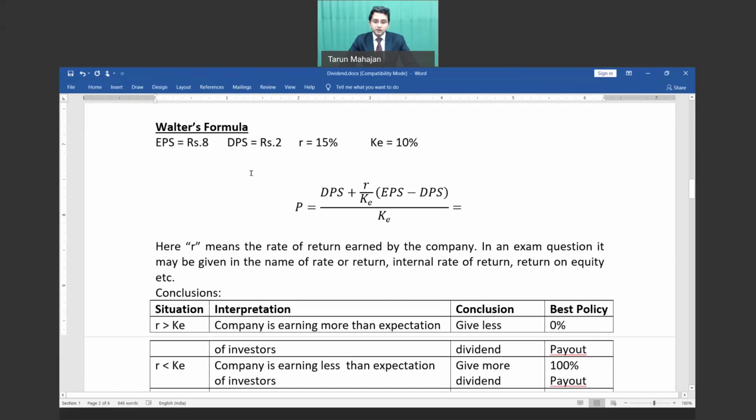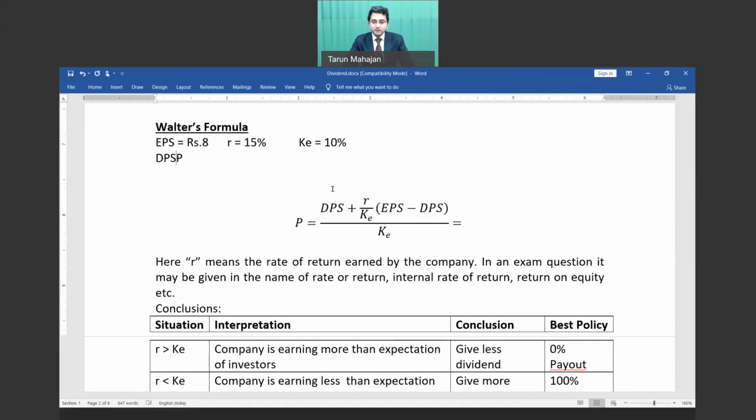Now let's calculate what will be P in this situation. I will set up one table where I'll be putting two figures. If DPS is this, then how much is P? If I decide to give 2 rupees DPS, then what will be P? If I decide to give 6 rupees, then what will be P? Let's check.